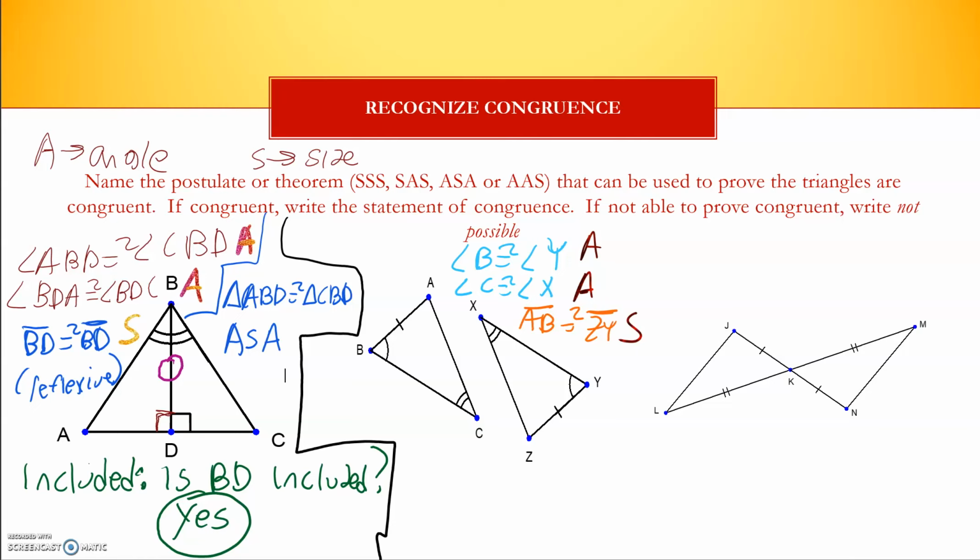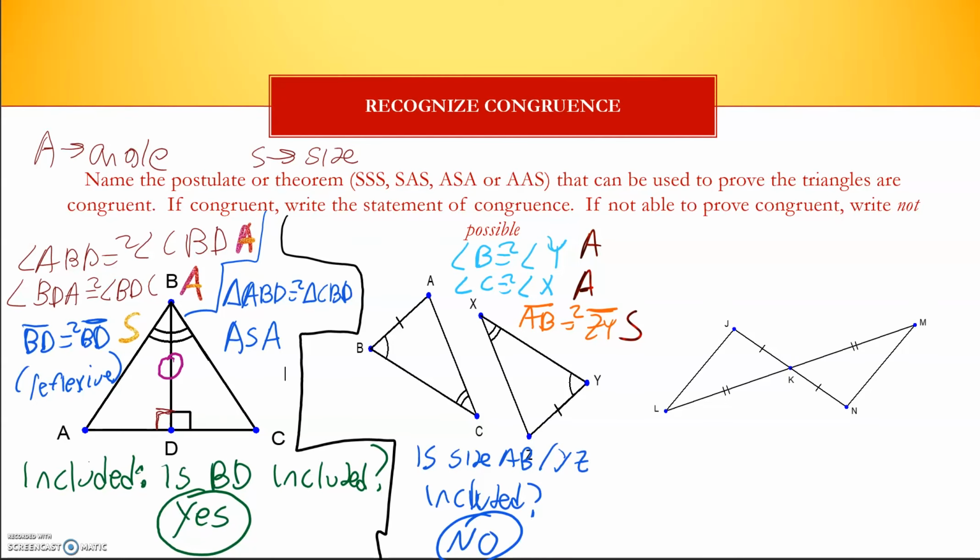So I'm going to ask the same question. Are the sides AB and YZ included? The answer to this one is no. Those two sides are not between the congruent angles.